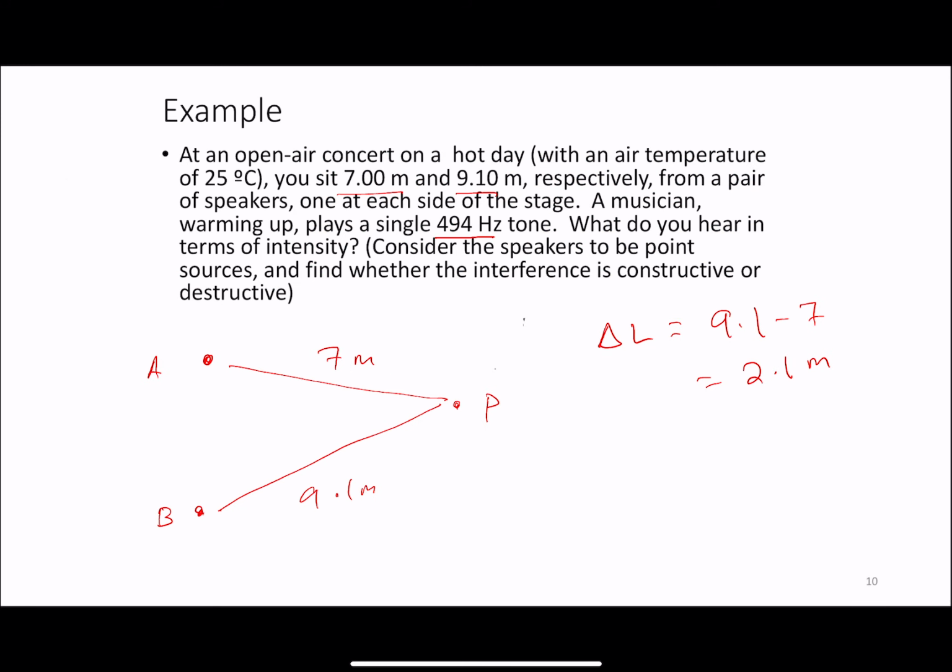In order to see which of these conditions are satisfied, you need to know what the wavelength of the wave is. So how would you find that? You can use v equals f lambda, and you're given the f. So you have to solve for the lambda. You're going to need the v, and you need the speed of sound.